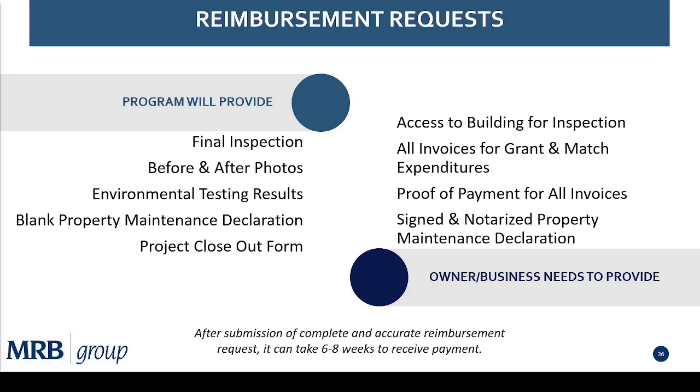We'll need all of your invoices and proof of payment for every expenditure you made as part of the program, including your match. So we need to see that invoice from the contractor, and we need to see either some sort of a receipt or a canceled check, showing that not only did you write a check, but they actually cashed it, that the money is in their hands. It could be a credit card receipt as well. And then we need you to sign and notarize that property maintenance declaration.